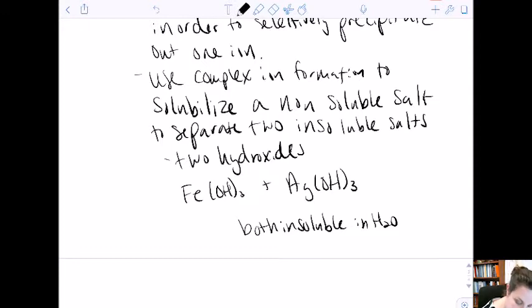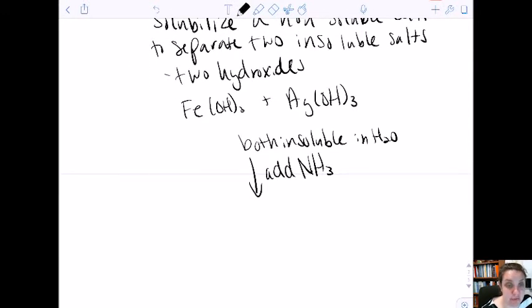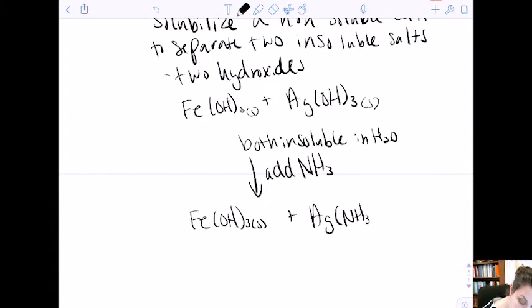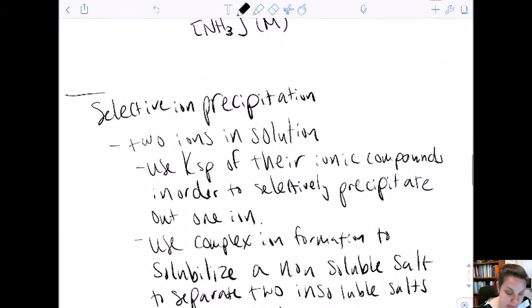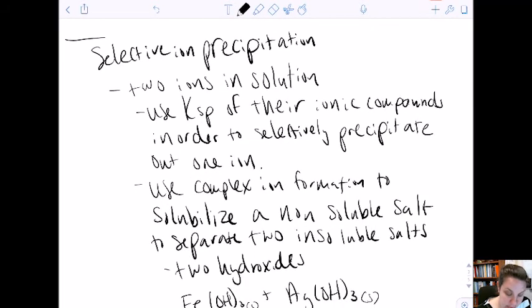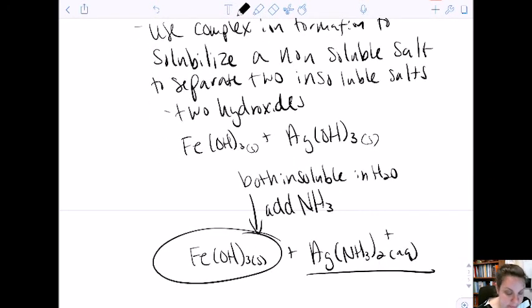However, we can add in ammonia, and ammonia will make a complex ion with silver but not iron. So we can remove this, and that will be in solution. So it's a couple ways we can separate out specific ions or separate out different salts.